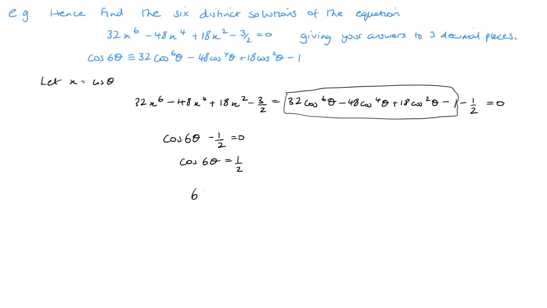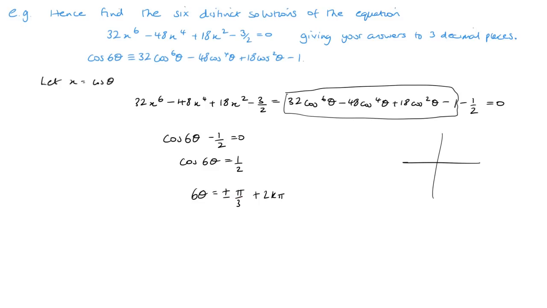Now that means that 6 theta is plus or minus pi by 3 plus 2k pi. Okay, this is the general term for the angle, because if you do a half inverse cos, you get the third pi.